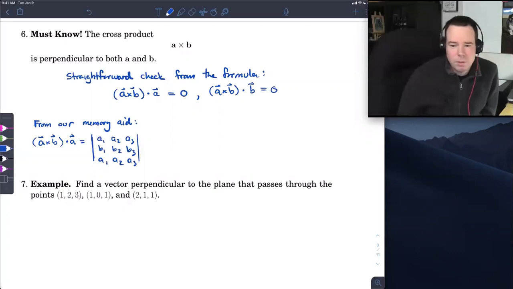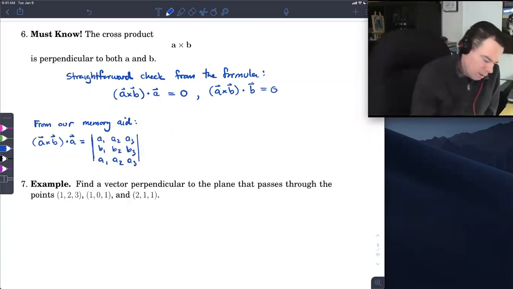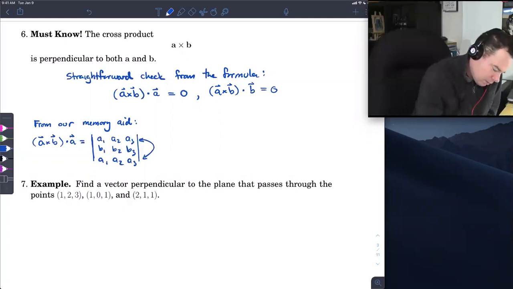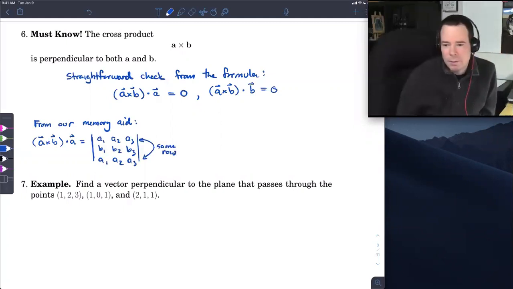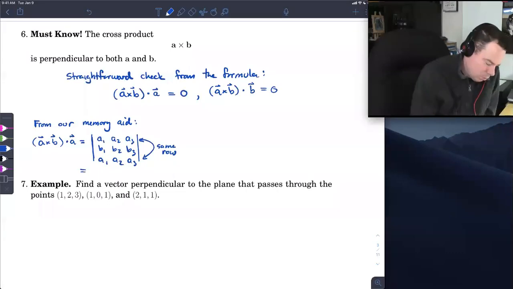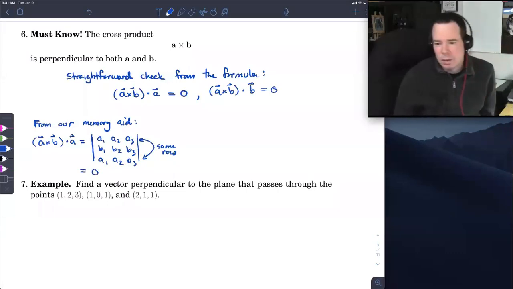If you worked out what this cross product dotted with A is, it's really just the determinant of this thing. And the point is that these are the same row. If you have a matrix where you've got rows that are linearly dependent, then the determinant would be 0. So that's another way to think about this in terms of our memory aid, linking it with determinants.